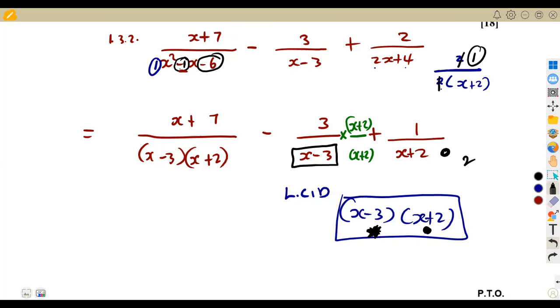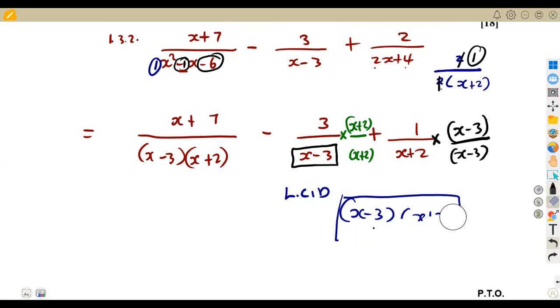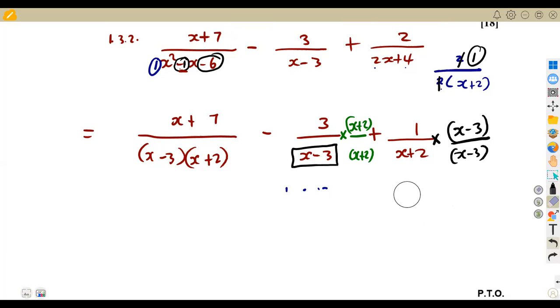So we multiply whatever you have here by x minus 3 over x minus 3, so that we have exactly what we have in the denominator. We've got x plus 2, and we now have x minus 3, which you also have here. Guys, I think this is the easiest way.